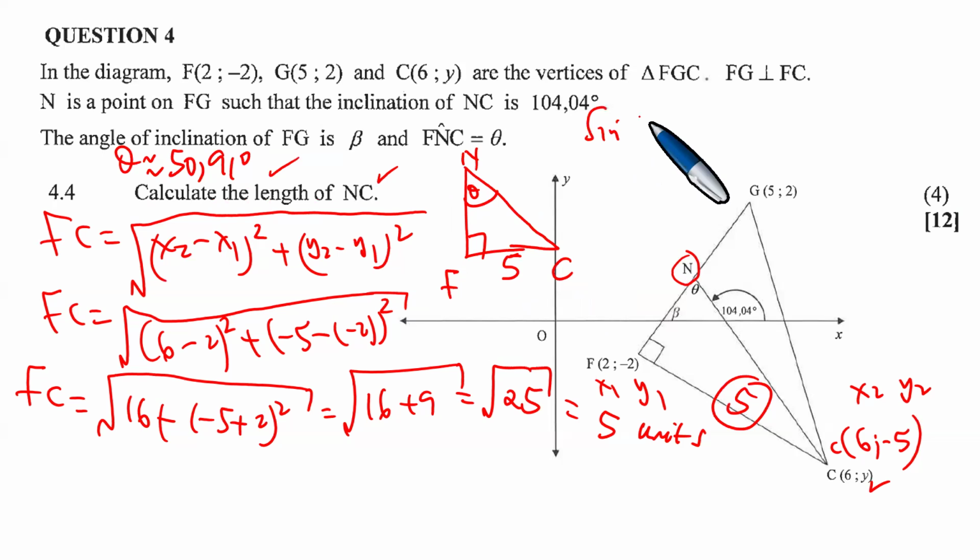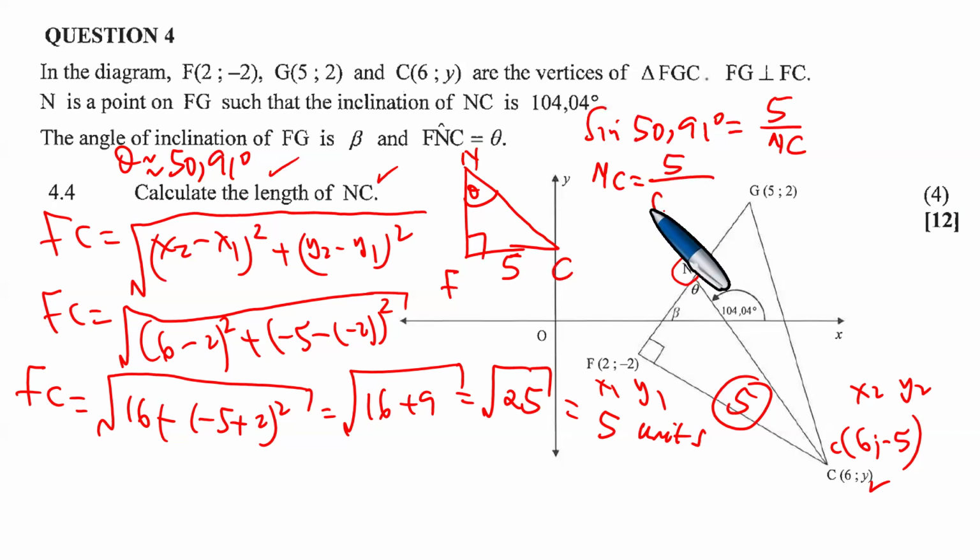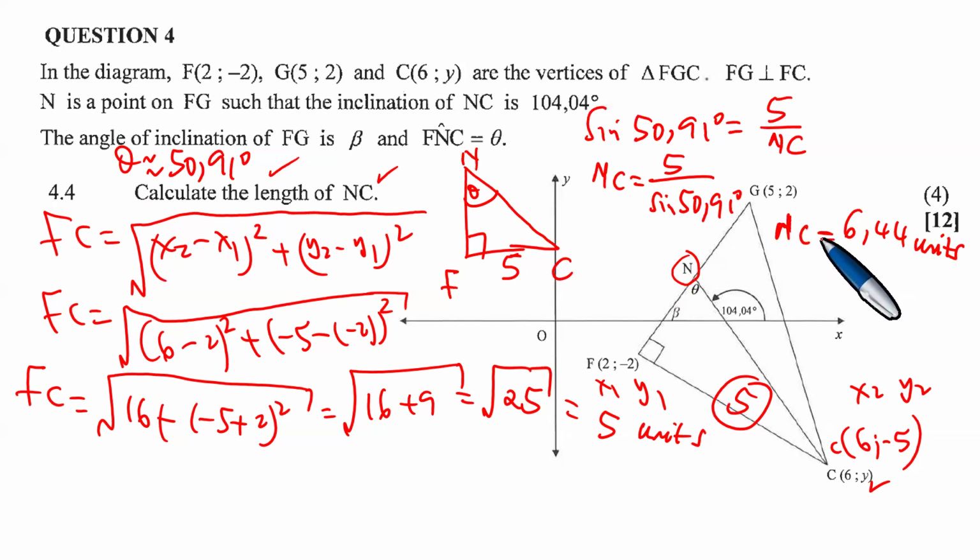The sine of 50,91 degrees is the opposite over the hypotenuse, so NC is 5 divided by the sine of 50,91 degrees, and it is exactly 6,44 units. That is what is required, the length of NC.